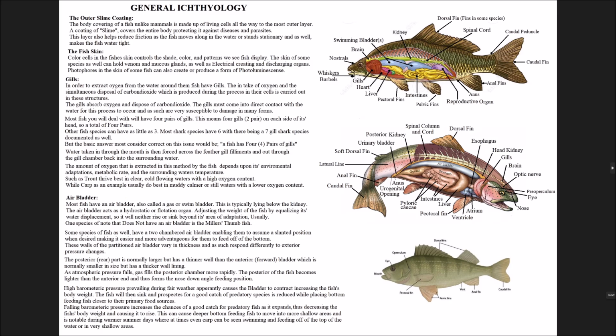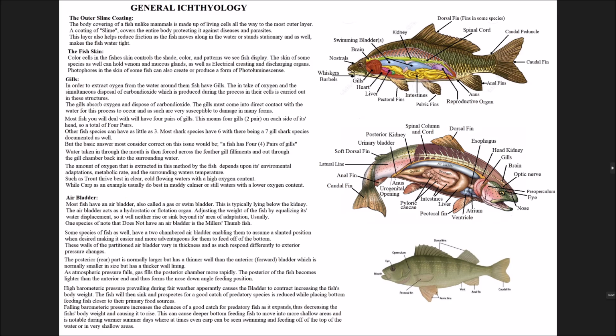Most fish you deal with will have 4 pairs of gills. This means 4 gills, 2 pair on each side of its head, so a total of 4 pairs. So it has 4 gills on one side, 4 gills on the other. They come in pairs. The basic answer most considered correct on this is 4 pairs.